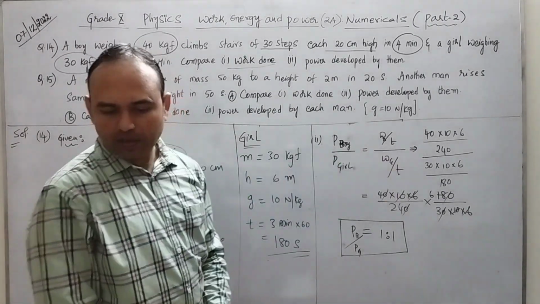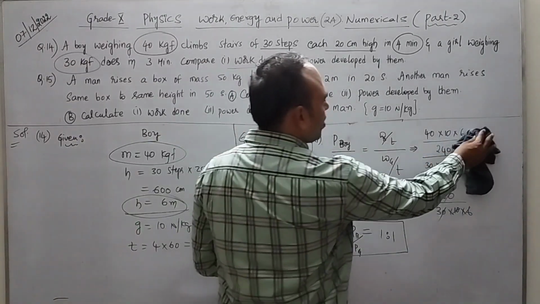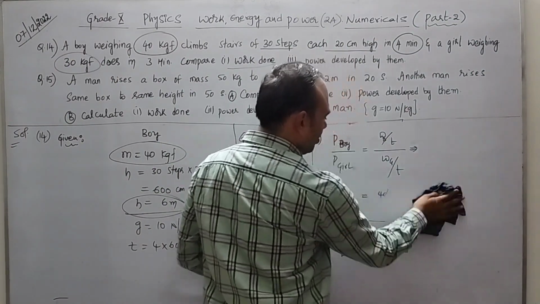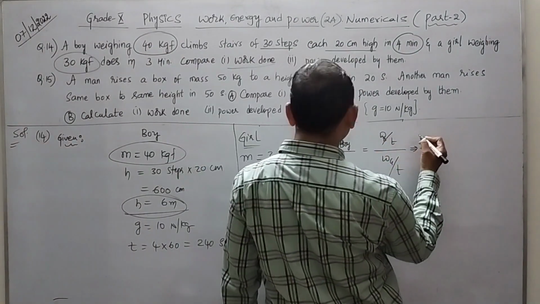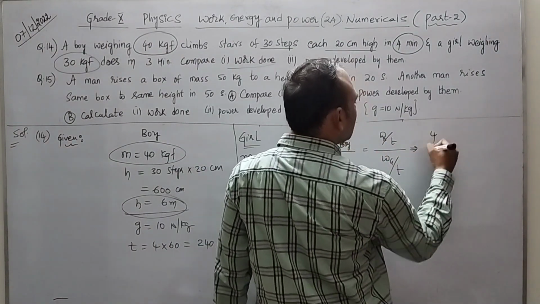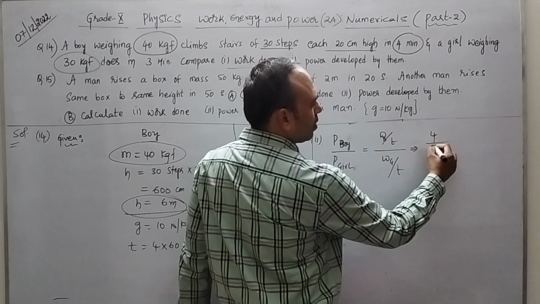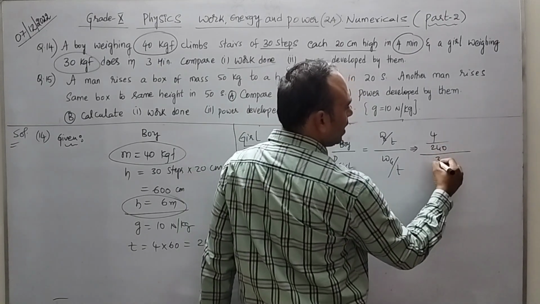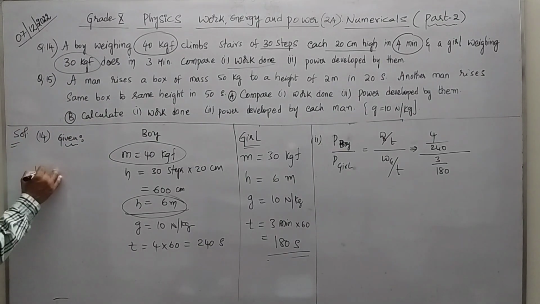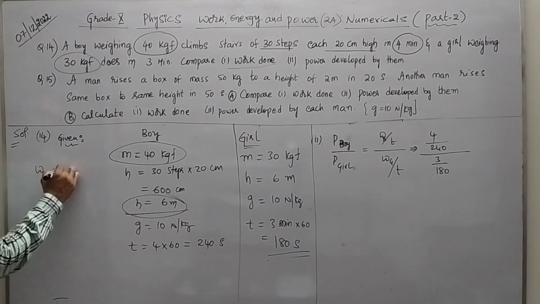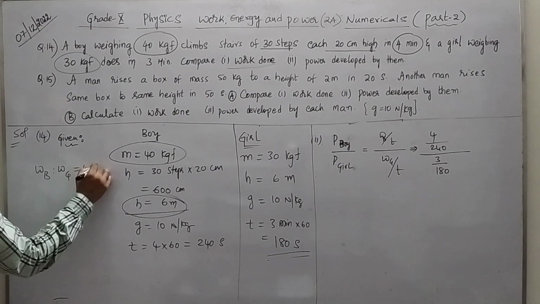Instead of this, because you got the ratio here, one more method I am telling, very simple. You got the work ratio nothing but 4:3. Hence it is 4 by time 240 seconds divided by 3 by 180 seconds. This is very simple because we got the work ratio as 4:3.